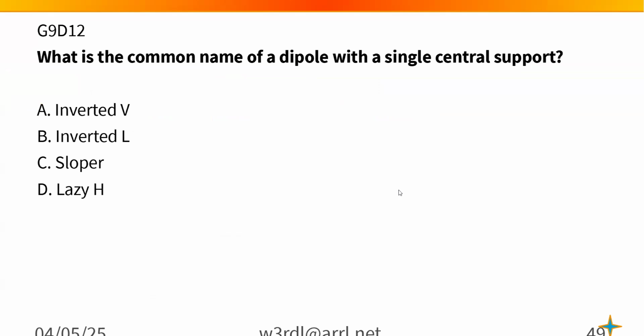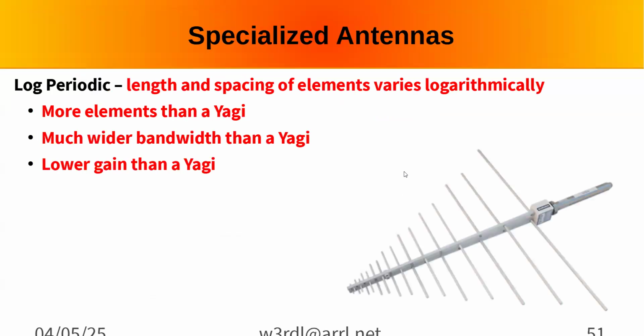Log periodic. You used to see those typically on TV antennas, where it's called a log periodic because the length of the elements and the spacing of the elements varies logarithmically.